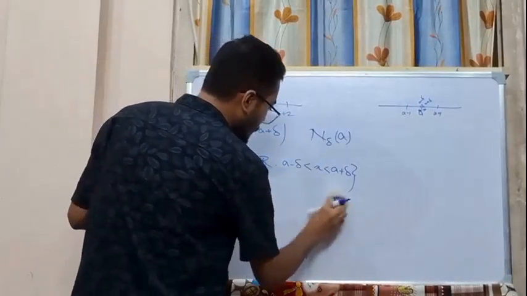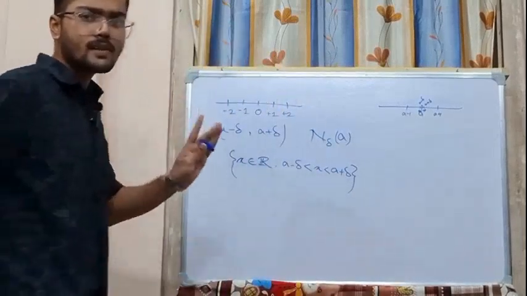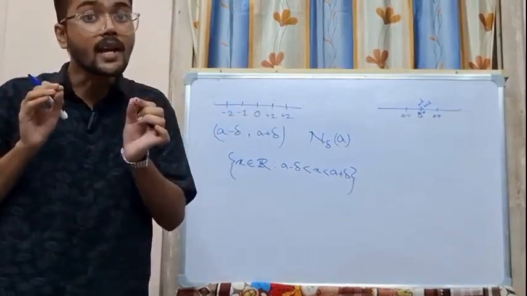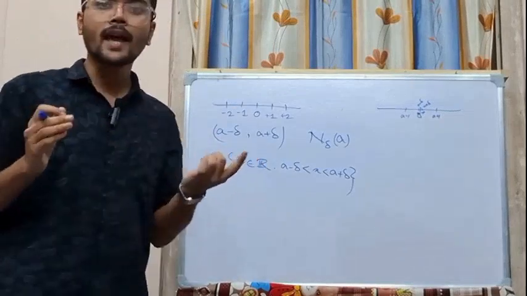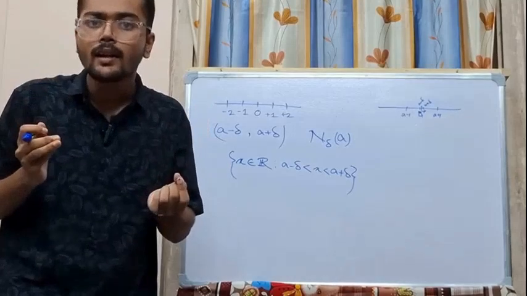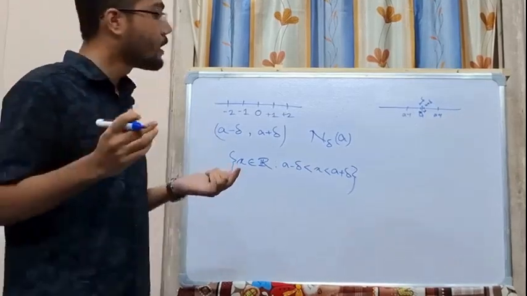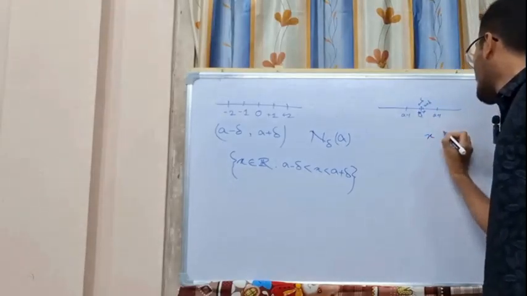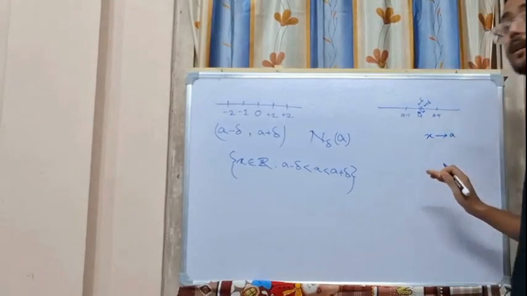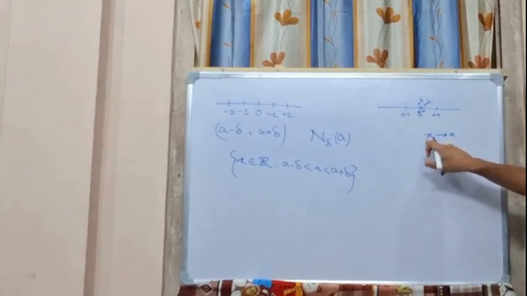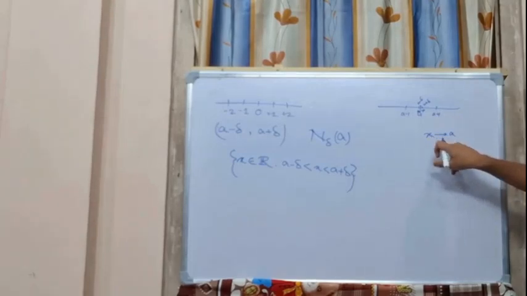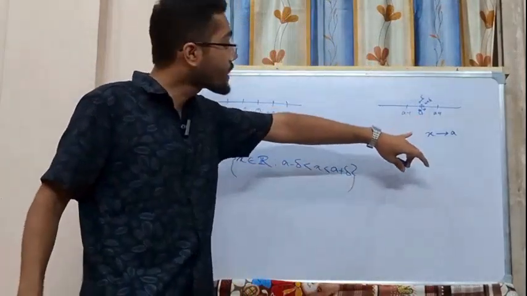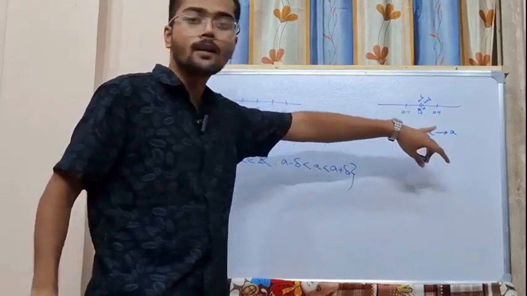Now let x be a number which is not equal to A but very close to A. X can be slightly less than A, or slightly more than A. We write this as x tends to A, or x approaches A. Now, how can we determine if x is slightly less than A or slightly more than A?